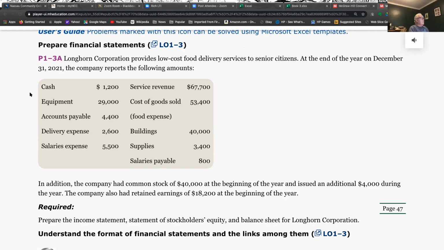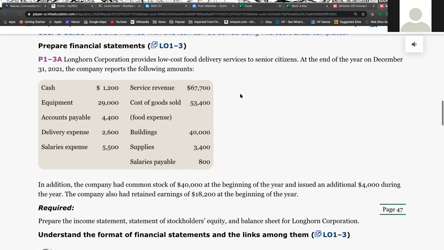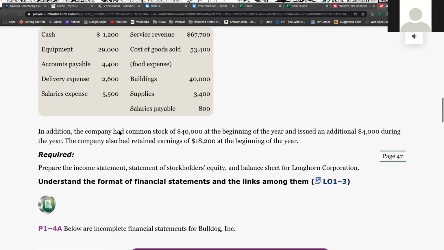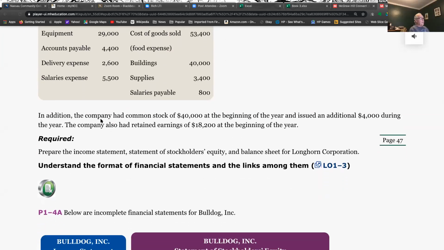All right. Okay, so we've got this problem now, and notice some of the things that it says here. They give you a list, right? And then they say down here, this is very important because without paying attention to this, you won't get the right answer.